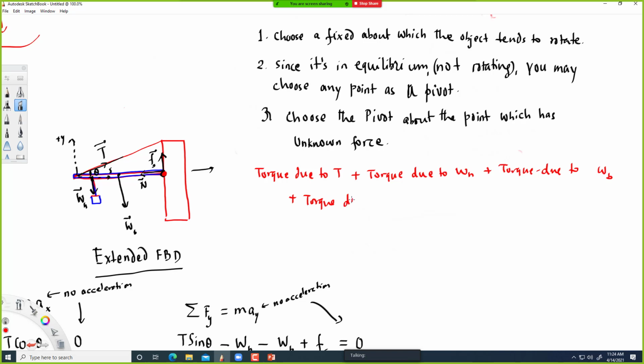You don't need to write all these words, I'm just writing to make it more clear here. So all these torques should be equal to 0. The reason for that is, again, this is in equilibrium, it's not rotating. So now let's find the torque. What's the torque due to the tension?